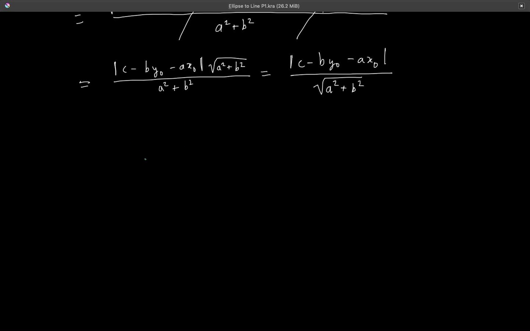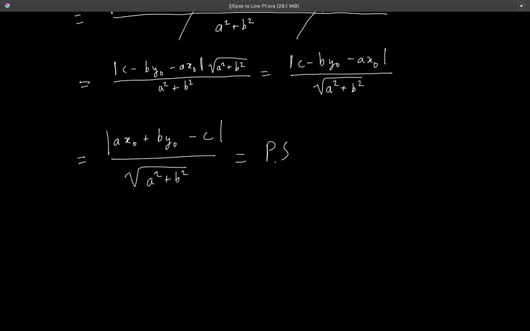The common form of this equation is when they factor out a negative 1 inside the absolute value here, and then absorb that into the absolute value. So it's usually written as the absolute value of ax0 plus by0 minus c, and the bottom is still the same, square root of a squared plus b squared. Alright, so we have to remember here that this is equal to PS.